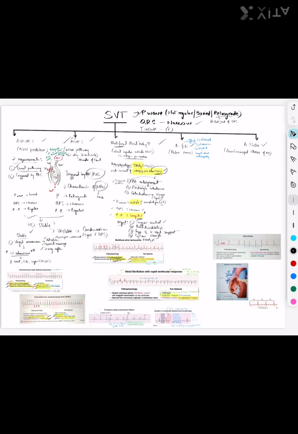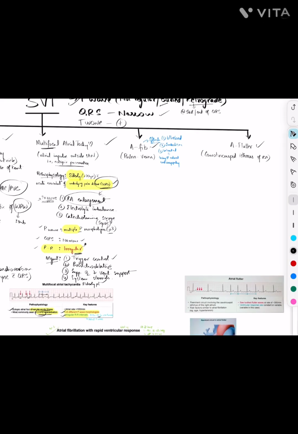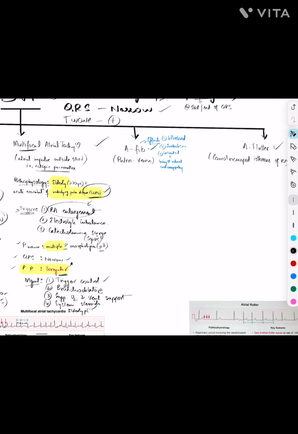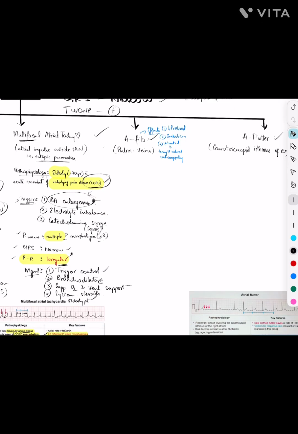We are left with two of them, okay? And these two are the main supraventricular arrhythmias you have to remember by heart. The first one is AFib, and it is one of the most important arrhythmias that you have to remember. As we have discussed, the origin is the pulmonary veins. The abnormal conduction starts from the pulmonary vein.